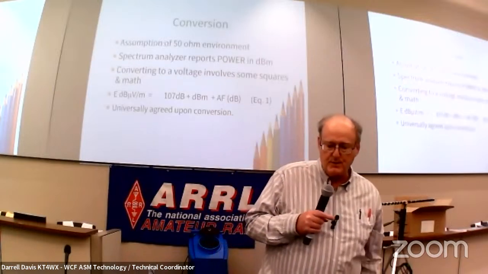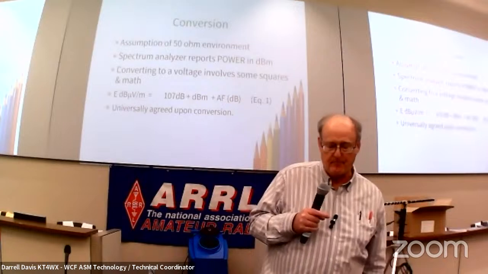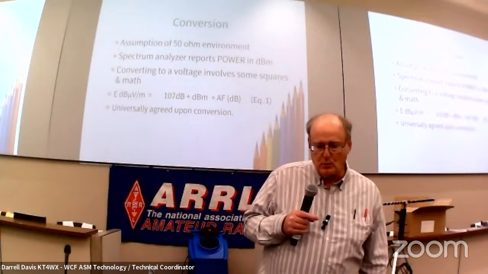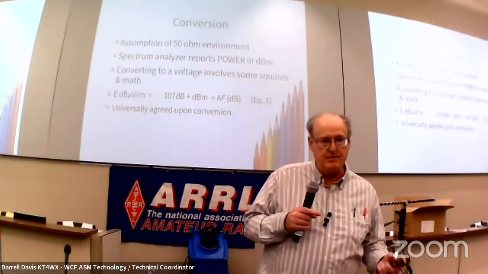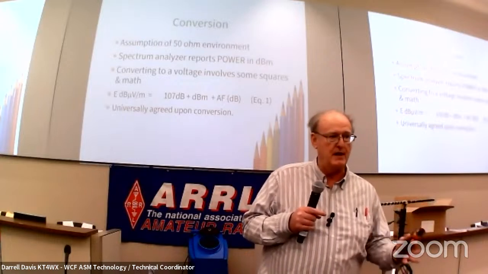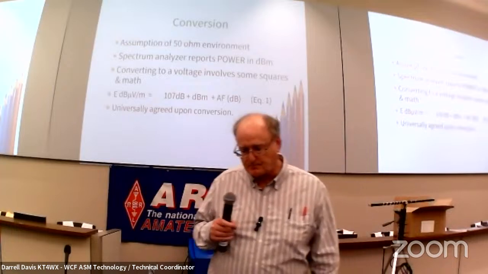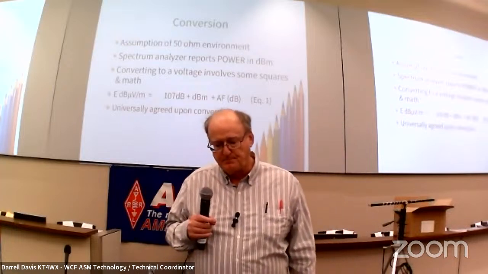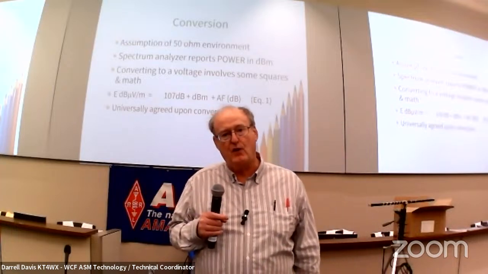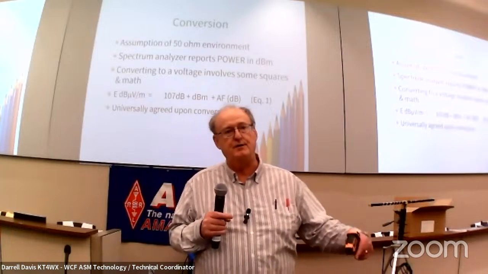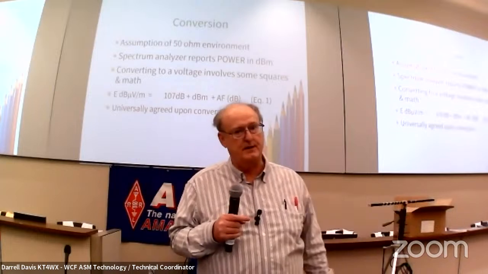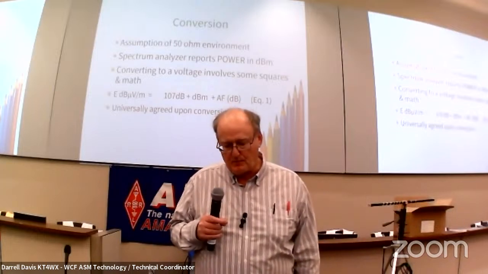So there's this Ohm's law problem. We get these measurements off the spectrum analyzer that are in dBm, decibels related to a milliwatt. And those are power. And we need to convert it to voltage. So then we can use the antenna factor to convert it back to E field in volts per meter.